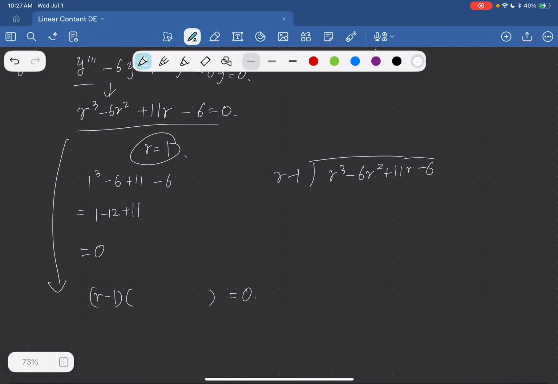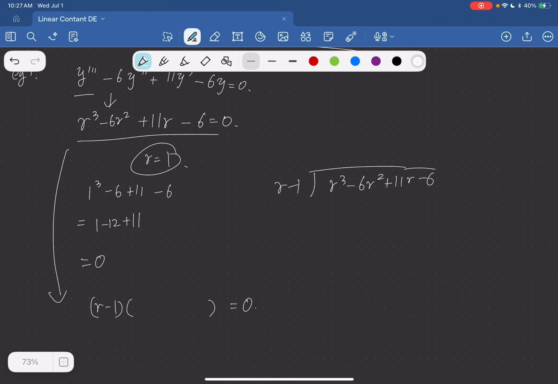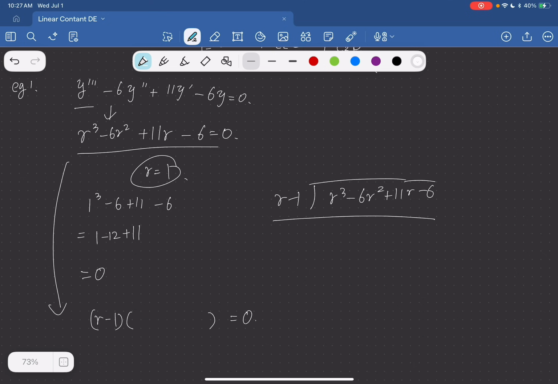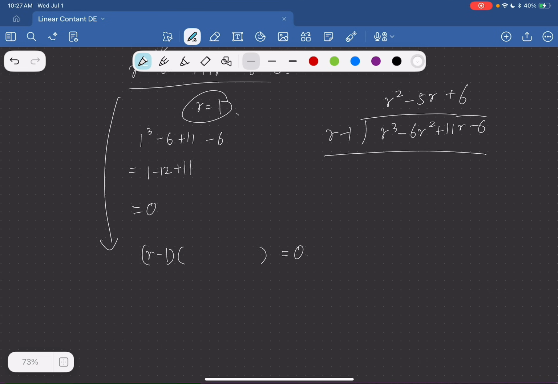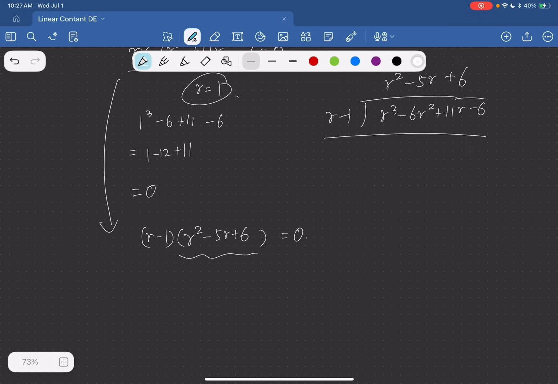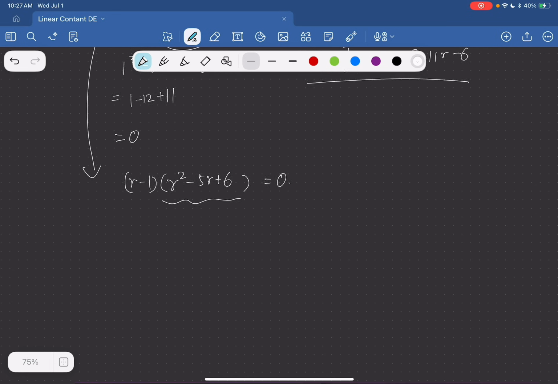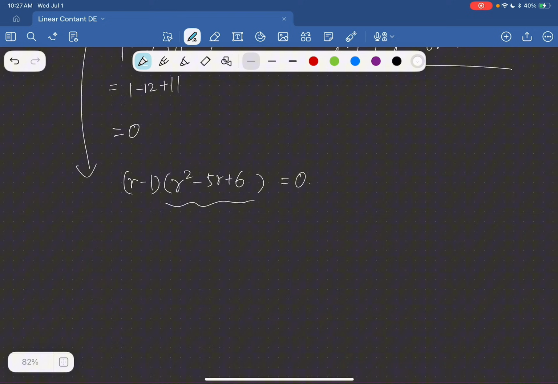It's too long to dive deeper here, so I will leave this as a self-exercise. The answer is r squared minus 5r plus 6. This is a quadratic equation which we are familiar with, and we can use the cross method to further simplify this.